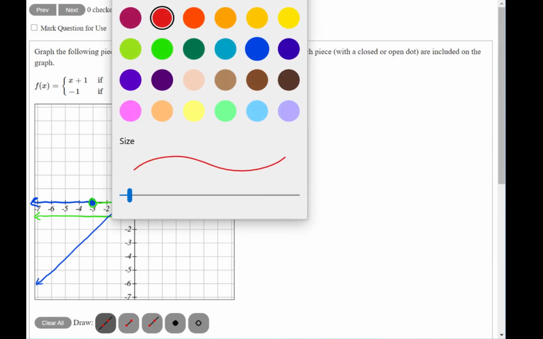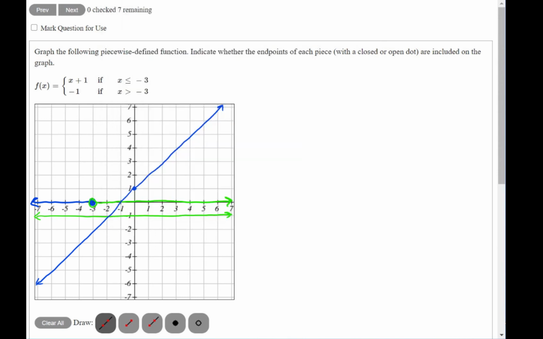So the restricted domain for the line is that it starts at -3, so this line actually only starts here and goes this direction. None of this part of the line actually exists.